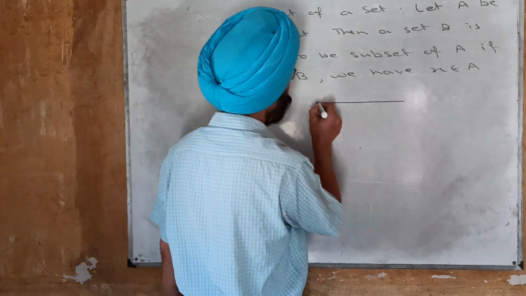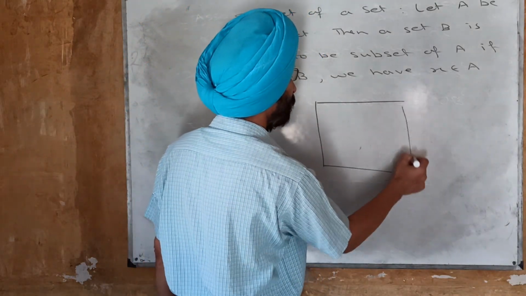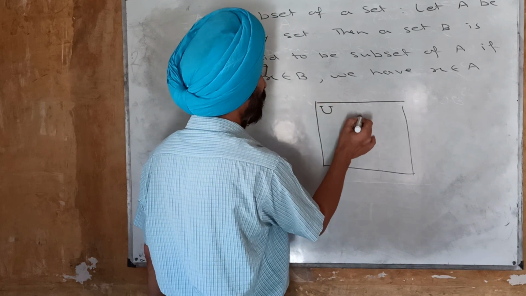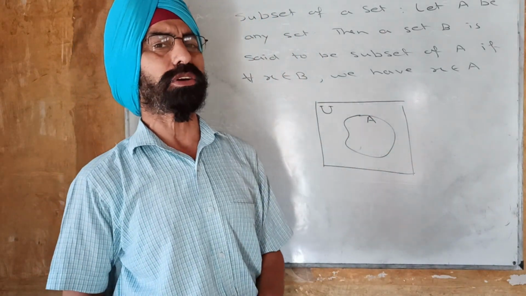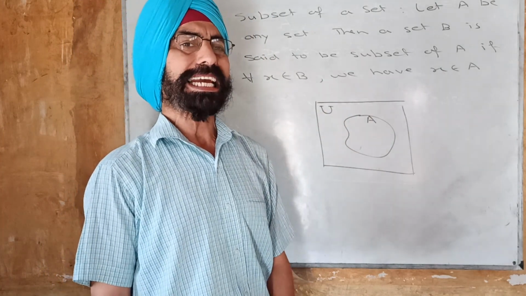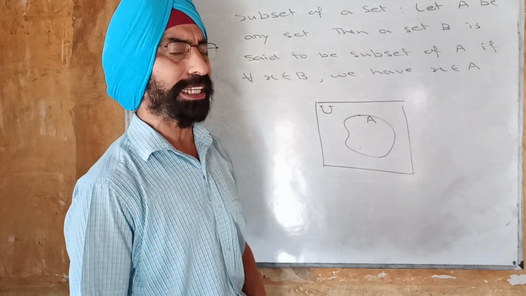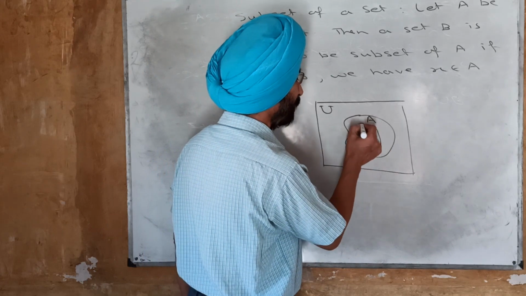Diagrammatically, suppose this is your universal set U, here is your set A, then B is a subset of A if B completely lies within A. That means B is something like that.